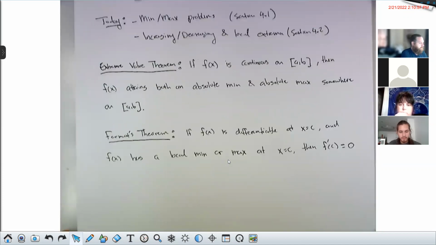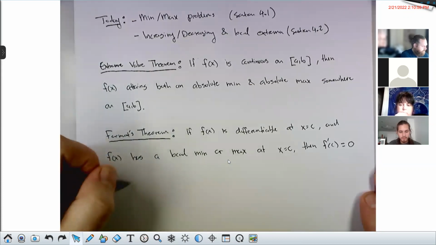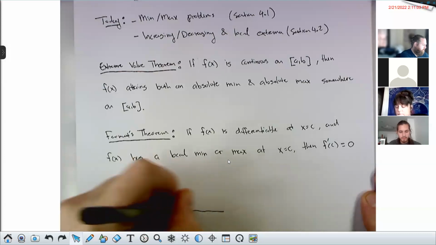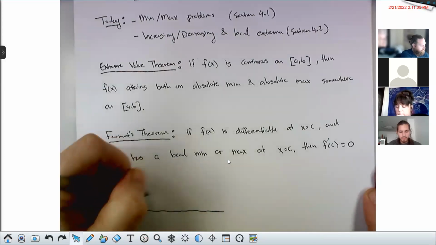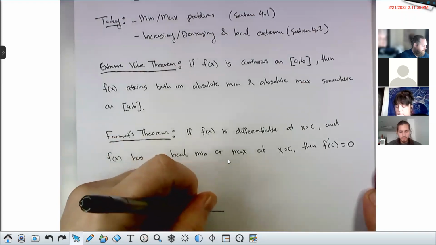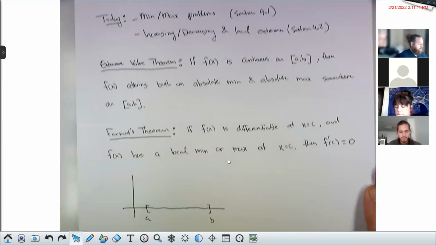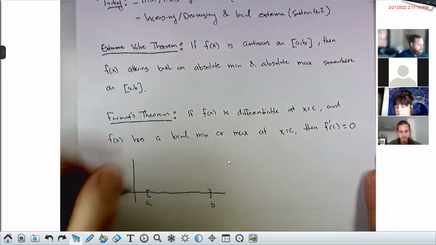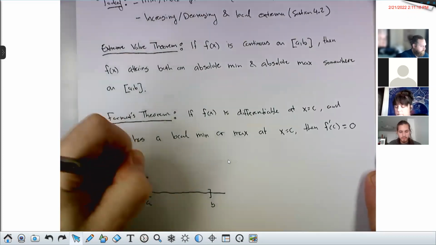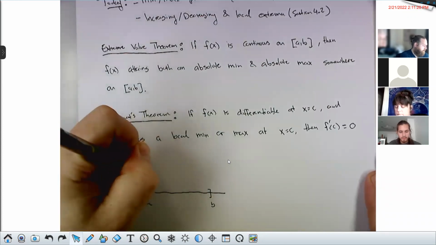The second theorem is easy enough to illustrate, and we can try to illustrate it in the context of the first. So let me take a closed bounded interval, and I'll just draw some smooth function whose domain is this interval.